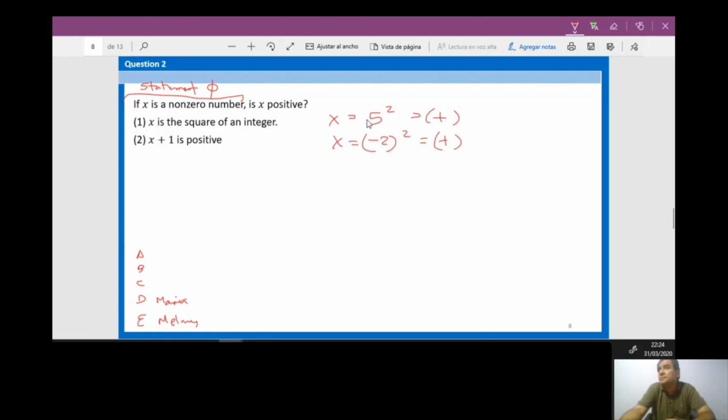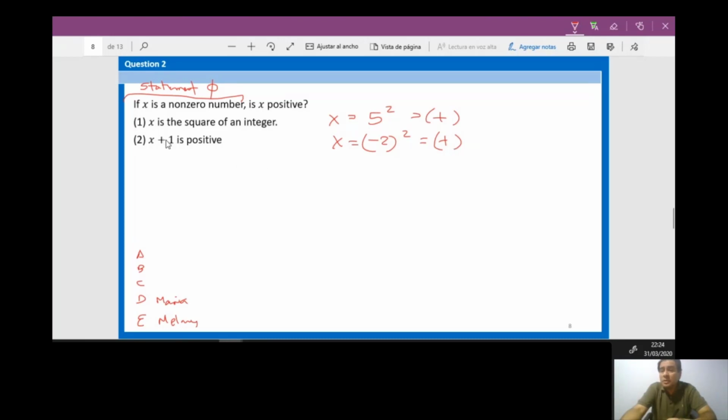Actually, sorry, I have a question. Yes, please. In the other exercise, you said that we cannot consider a negative number because the statement says it is positive.